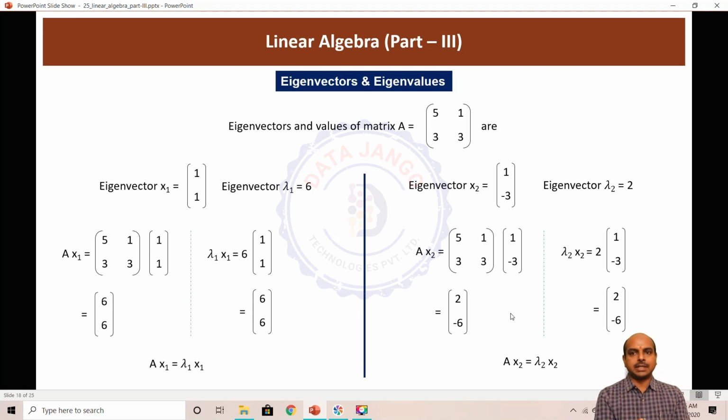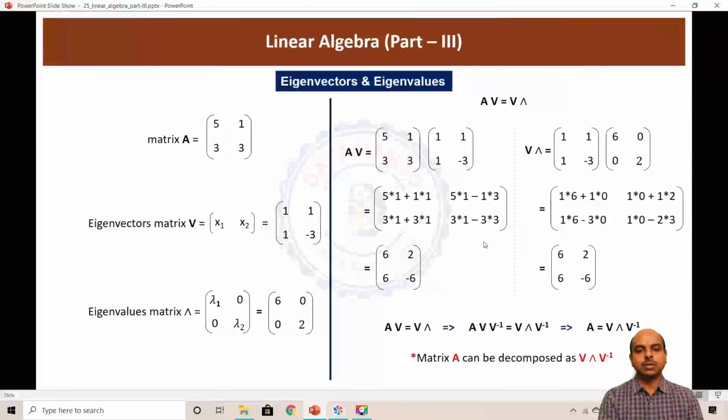So you can actually decompose your A matrix into an eigenvalue matrix and an eigenvector matrix. So this matrix is decomposed into an eigenvector matrix, where I kept x1 and x2 next to each other and created the matrix 1 1 1 minus 3, and an eigenvalues matrix. The eigenvalues matrix is always a diagonal matrix.